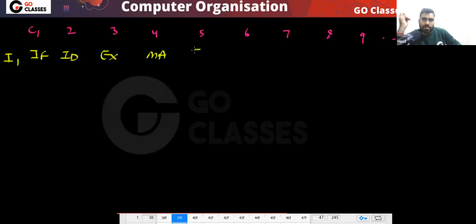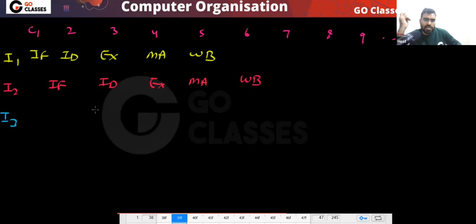C1, then 2, 3, 4, 5, 6, 7, 8, 9, and so on. Then you have instruction I1, which goes to instruction fetch, instruction decode, execute, MA, and then WB. Instruction I2 is completely independent: instruction fetch, instruction decode, execute, data memory read, and then write back.